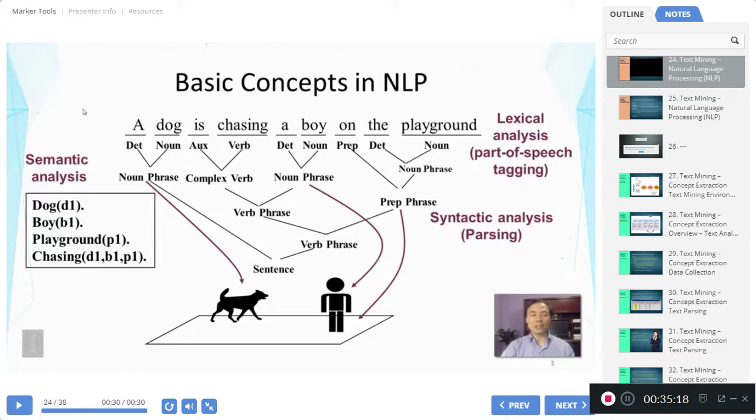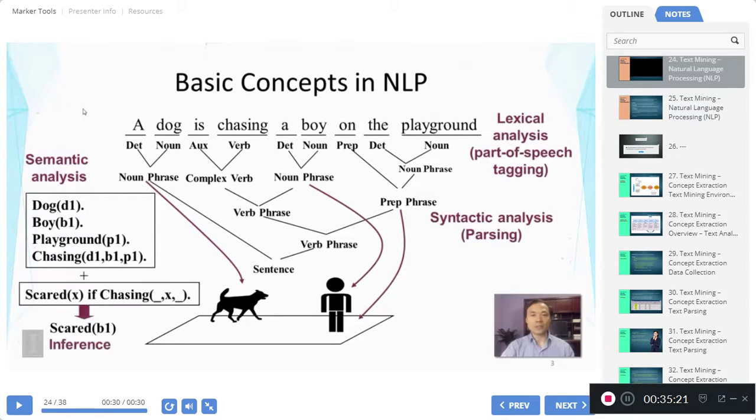Once we reach that level of understanding, we might also make inferences. For example, if we assume there's a rule that says if someone is being chased, then the person can get scared, then we can infer this boy might be scared. This is the inferred meaning based on our additional knowledge. And finally, we might even further infer what this sentence is requesting, or why the person who said the sentence is saying this sentence.